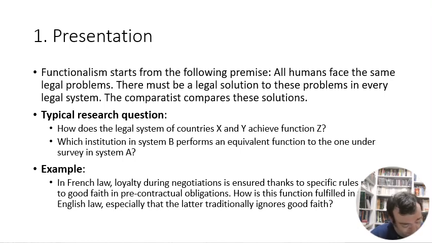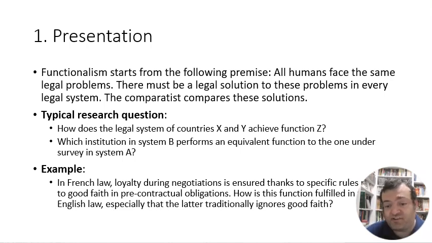Functionalism begins with a simple premise. All humans face the same legal problems. A human is a human wherever he is, and therefore he is going to face the same problems, and therefore the same legal problems. However, solutions are not the same. So the first premise is that humans face the same problems everywhere. The second assumption is that every system must have a legal answer to every problem, but these legal answers are not the same.